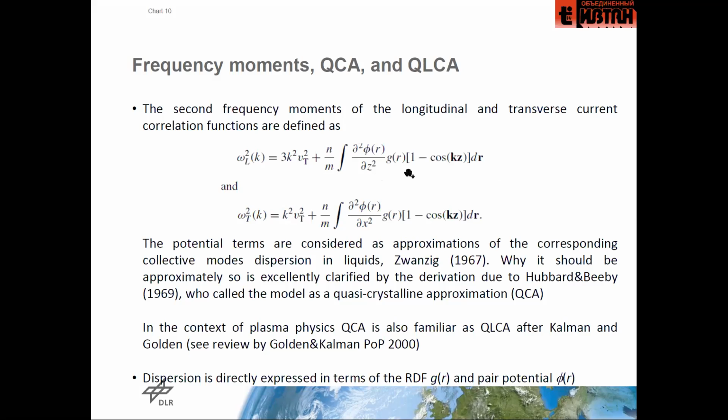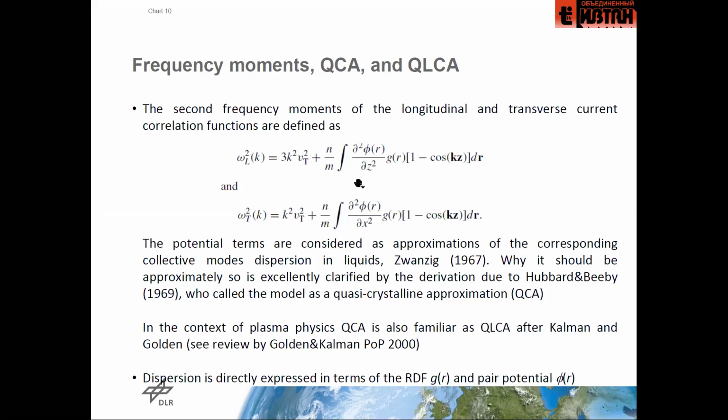are considered as an approximation of the corresponding collective mode description in liquids. Originally it was proposed for normal neutral liquids, and then it was developed into a theory of quasi-localized charge approximation to apply this to plasma-related systems.